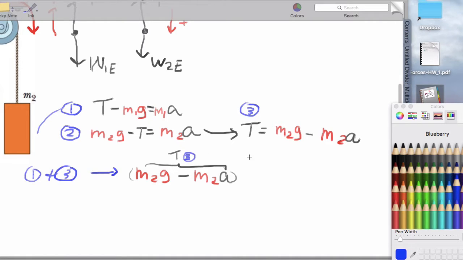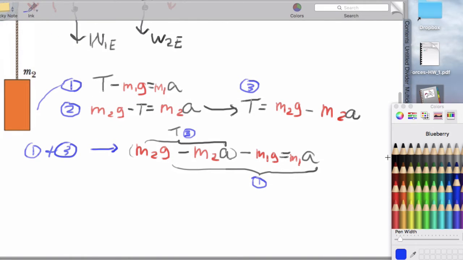And let me continue with equation 1, minus M1G equals M1 times A. So all of this equation here is equation 1, just so you know.